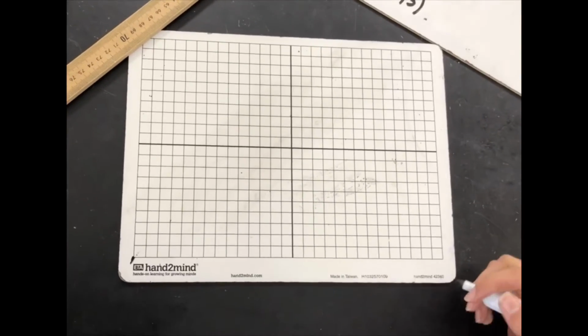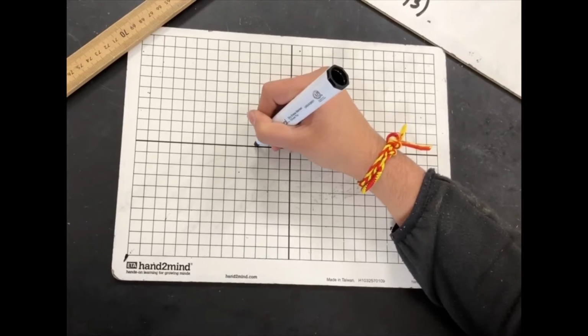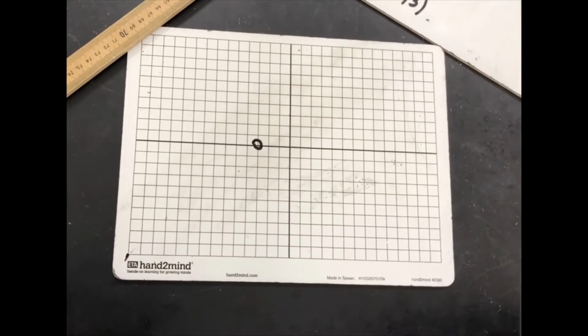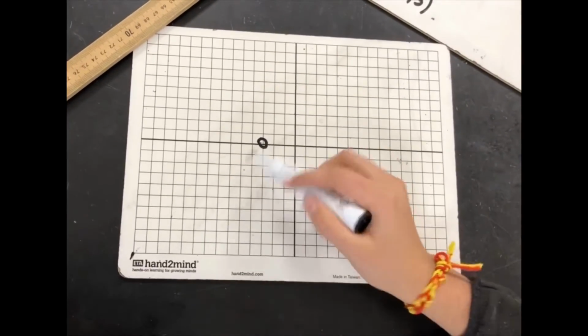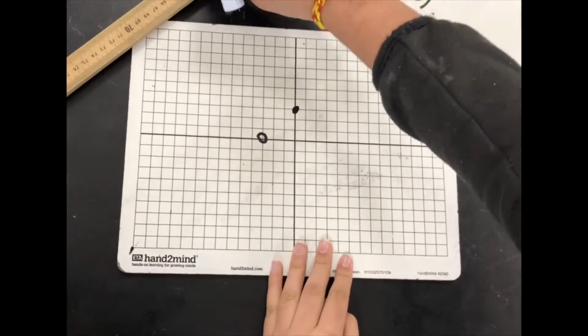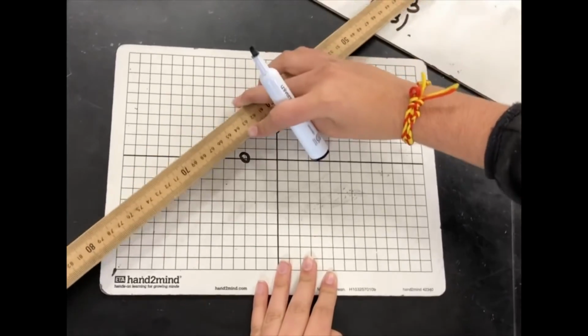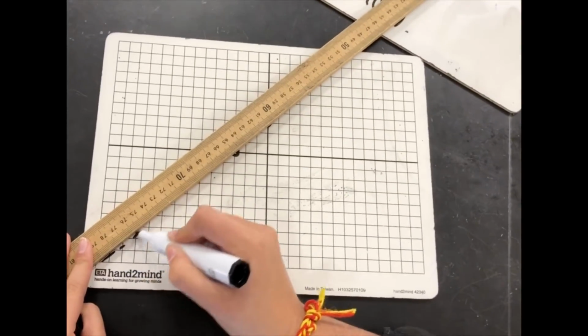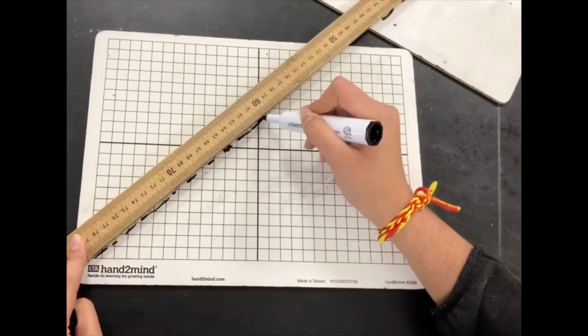Now we will graph. The first thing that we're going to put is the hole, which is located at negative 3, 0. Then we will put the y-intercept, and we will put our horizontal asymptote, which is x plus 3.